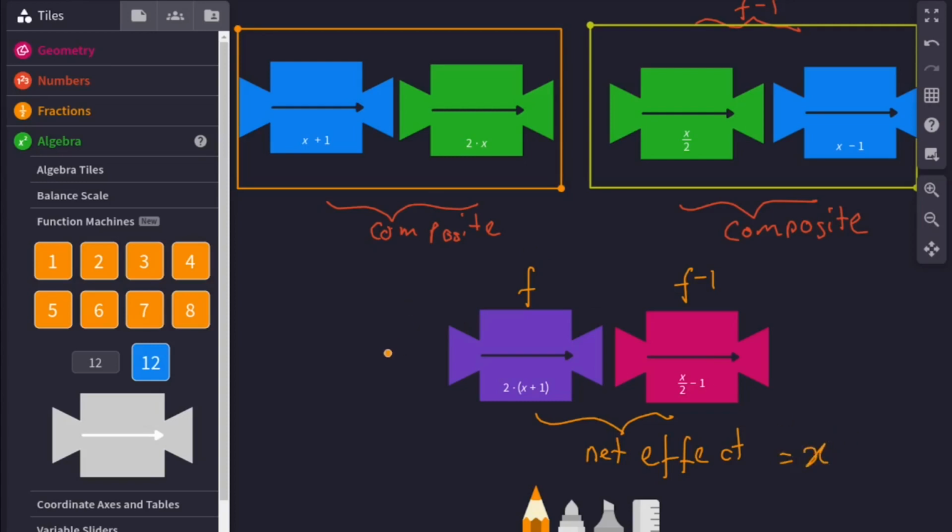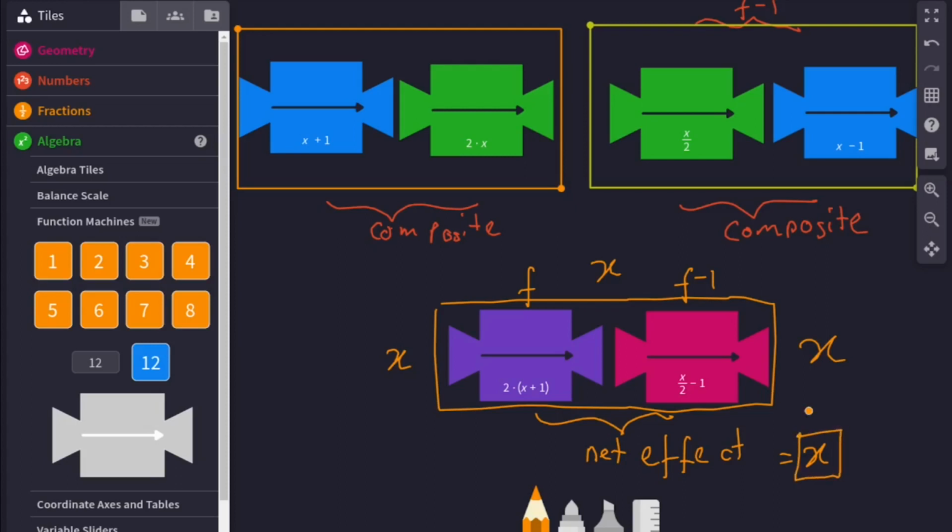What that means is, if you have an input x, the function just keeps it as itself. The net effect, remember, both of them collectively as a black box, does not do anything to the input and gives you back x. So with any inverse function, the composite function is this, which means no manipulation, no operations done on x. So that's something interesting you can derive on your own.